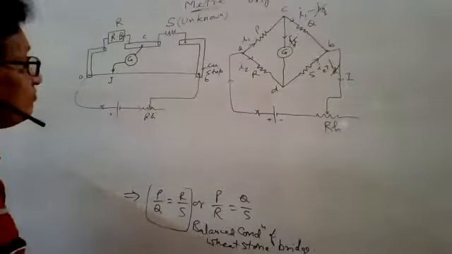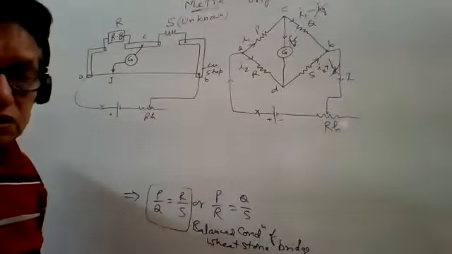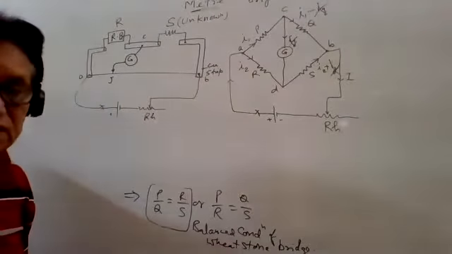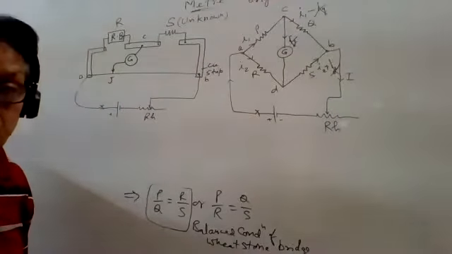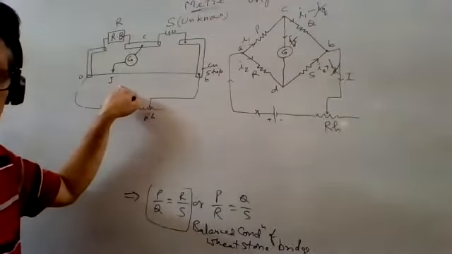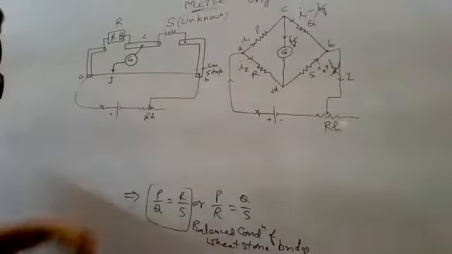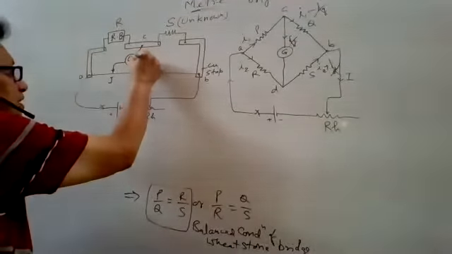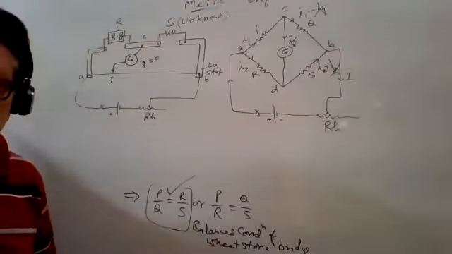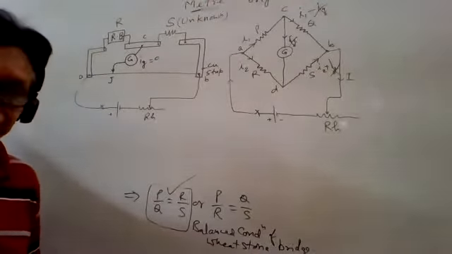Let us say we move this jockey here and there, and at a particular point of J on this AB wire, the balance condition is reached. In balance condition, the galvanometer current is 0. So the balance condition of the Wheatstone bridge, or meter bridge, is satisfied.